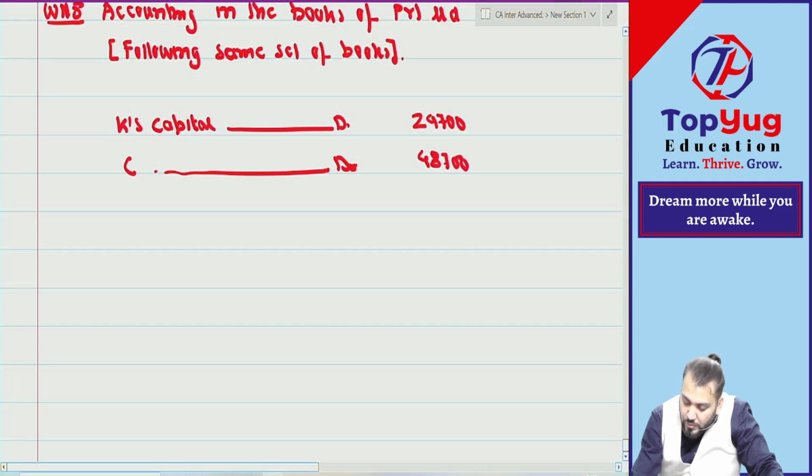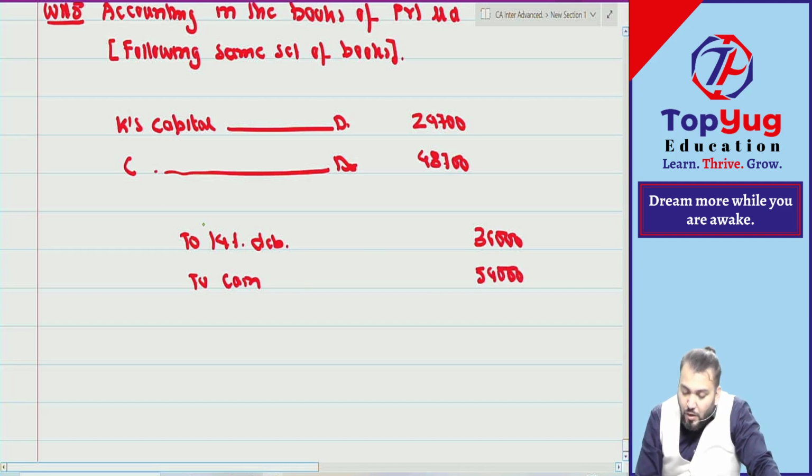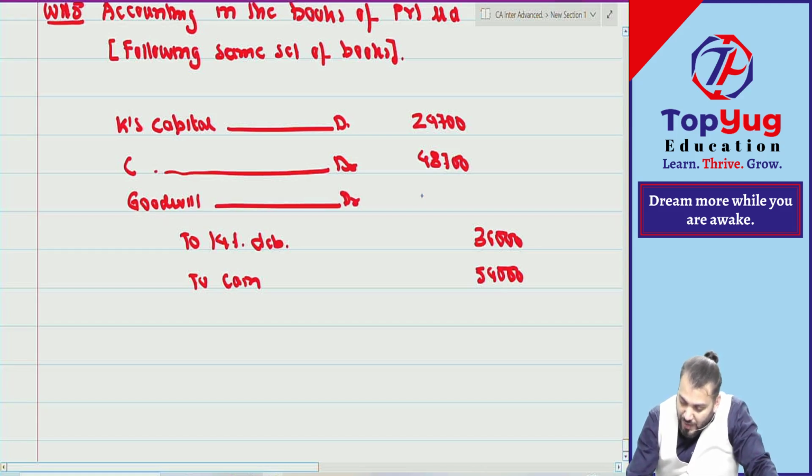To purchase consideration: 14% debenture how much? And cash how much? The difference will be either goodwill or capital reserve. So how much goodwill? Understood. Why was goodwill not given? Because goodwill will be the balance sheet figure, 16,600. Done.